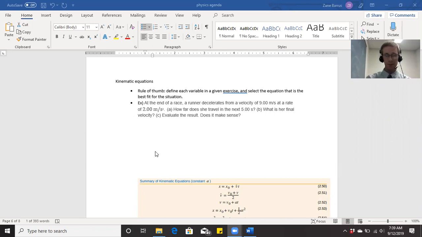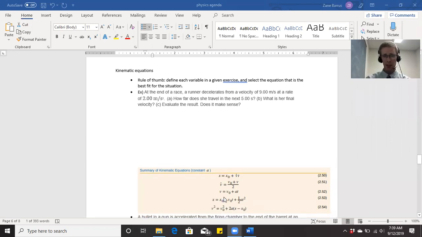I've got the equations you're going to be using in those sections listed right here. You're going to want to write these down in your notes someplace. For quizzes and tests, I will allow you to use an equation sheet, so don't feel like you need to memorize these, but just be able to use them.